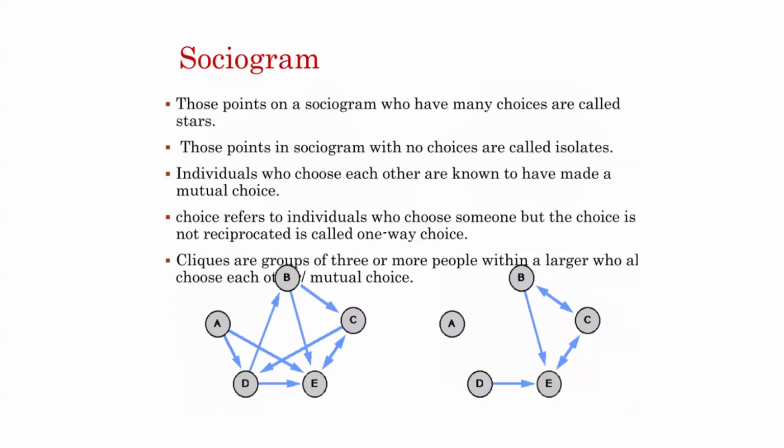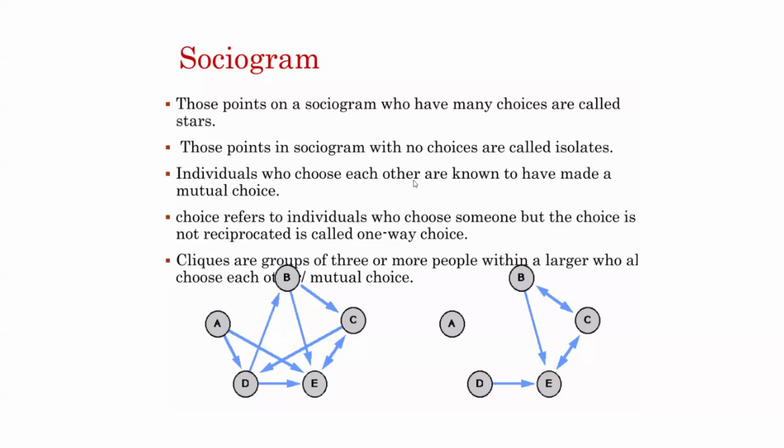Those points in a sociogram with no choices are called isolated. According to here, E is a star and A is isolated.